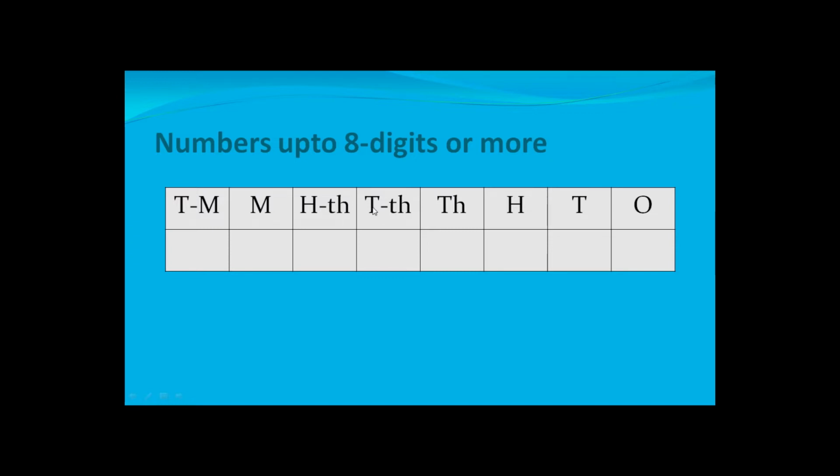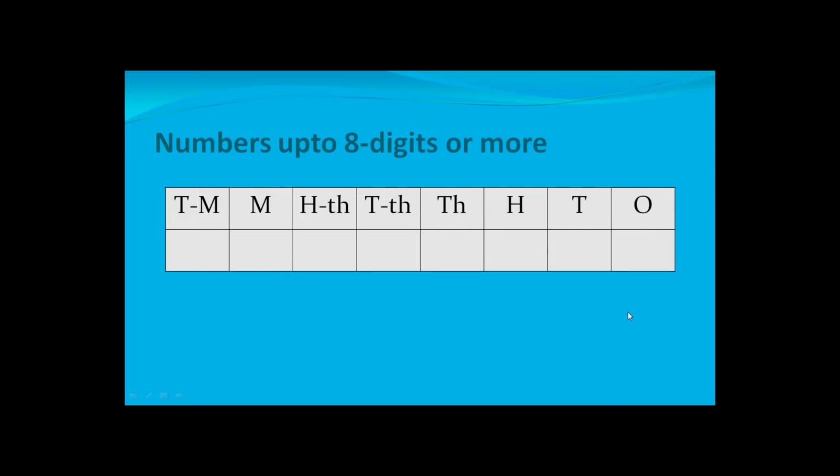This T stands for tens and this is for thousand, so it is 10,000s, 100,000s, millions, 10 millions, and what comes after that? There would be 100 millions and then billions. You know all that because in the previous class you have learned all these things.